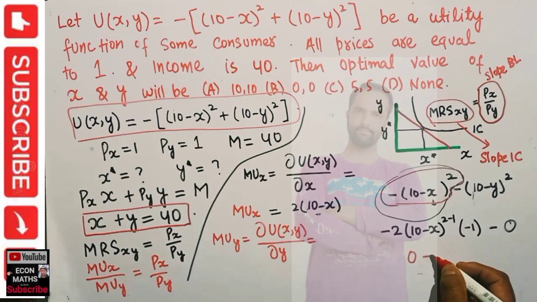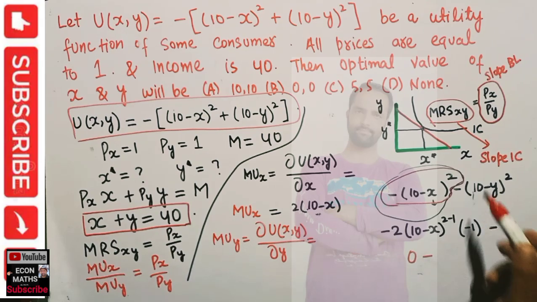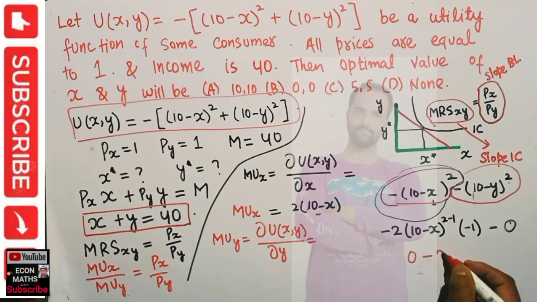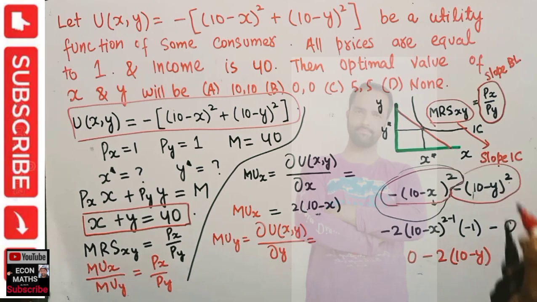Then we are left with minus. Okay, using the power function rule here also, this 2 becomes coefficient, so we have minus 2. Then we have 10 minus y, exponent is subtracted by 1, that means 2 minus 1, and internally differentiate minus y, so derivative of y is 1, so we are left with minus 1.